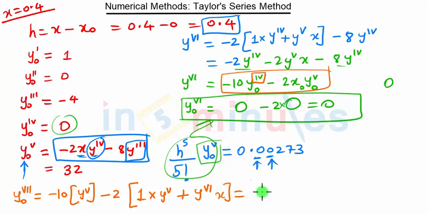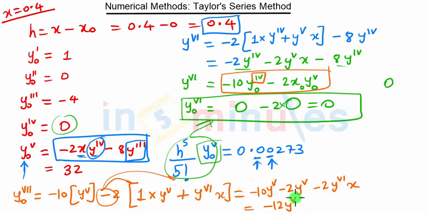So this term will now become minus 10 fifth derivative of y. I am taking this minus 2 inside, so we will have minus 2 fifth derivative of y, minus 2 sixth derivative of y into x. So this will be minus 12 fifth derivative of y, minus 2 sixth derivative of y into x.